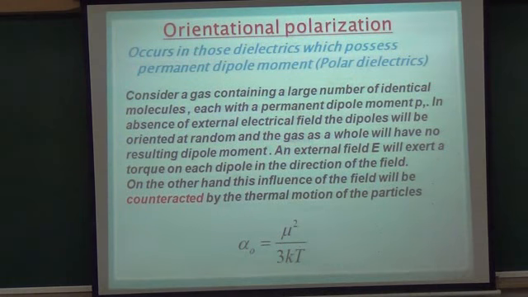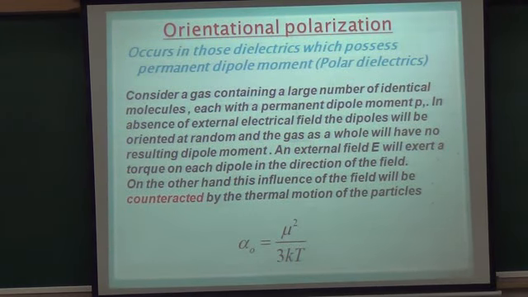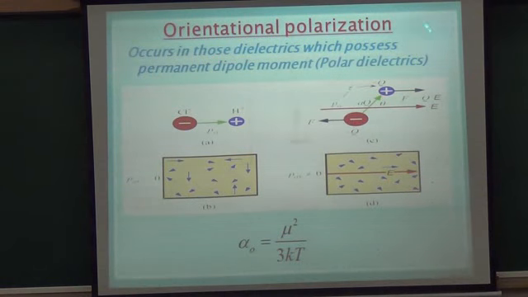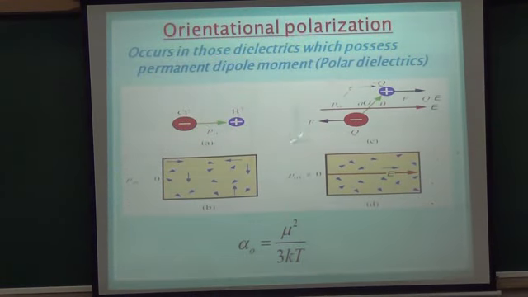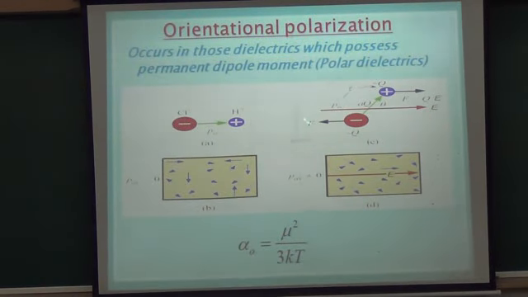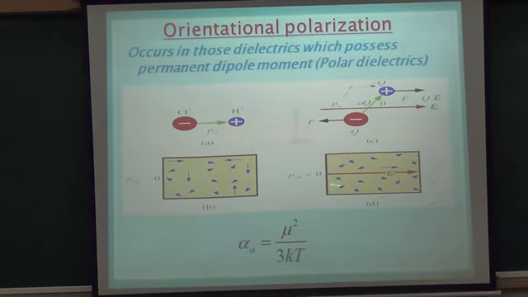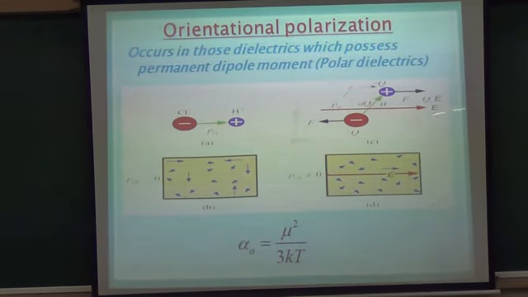But when I apply an external electrical field, it will try to orient my dipoles in the field direction. It will exert a torque on them. There is a permanent dipole moment already existing. It will experience the torque, and therefore you will see a net induced dipole moment here also.